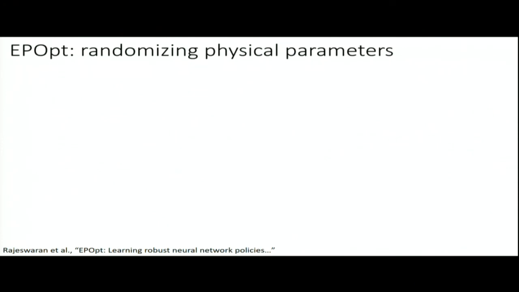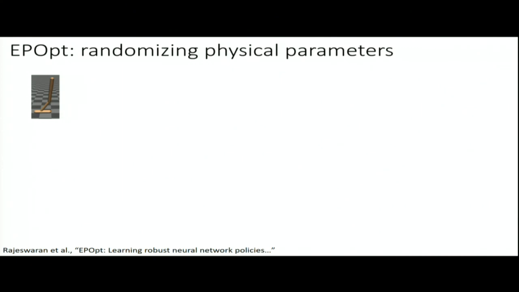So the first work I'm going to discuss is called EP-opt by Rajeswaran and collaborators. And this work looked at robustness to variability in physical parameters for deep reinforcement learning benchmark tasks. So for example, in homework 1, some of you might have tried the hopper task. The hopper is a monopod hopper in 2D.